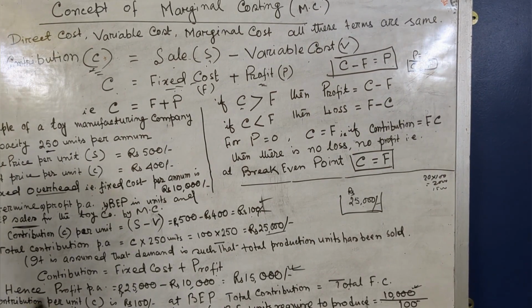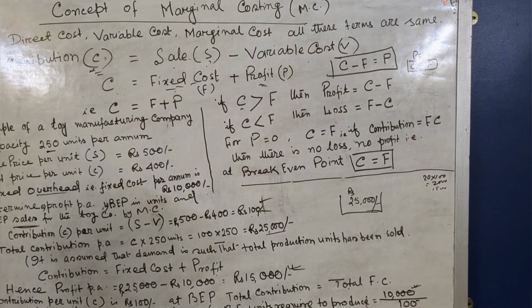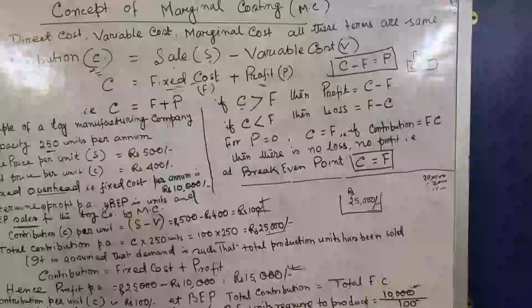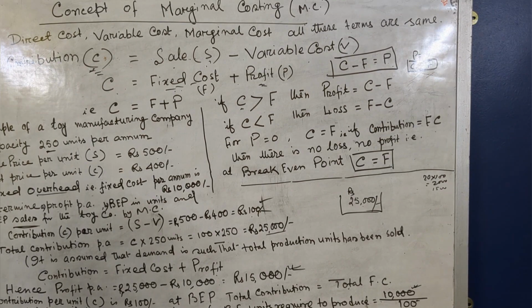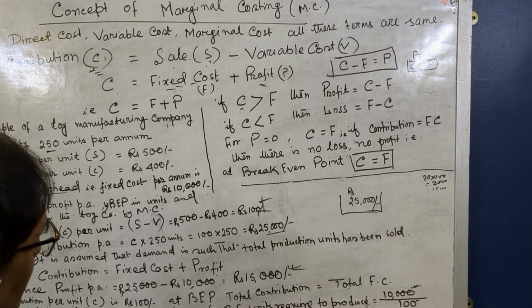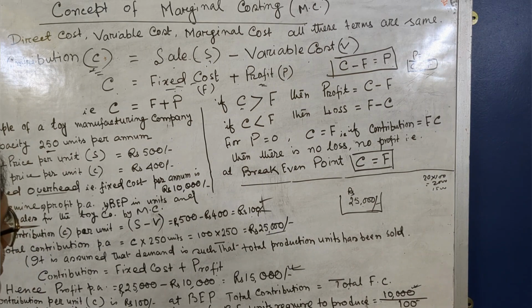Per unit sell price is rupees 500, and for that reason the break-even sales will be 500 into 100, that is 50,000 rupees. 50,000 will be the break-even sales.